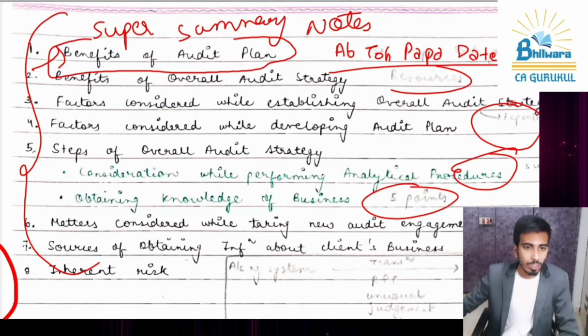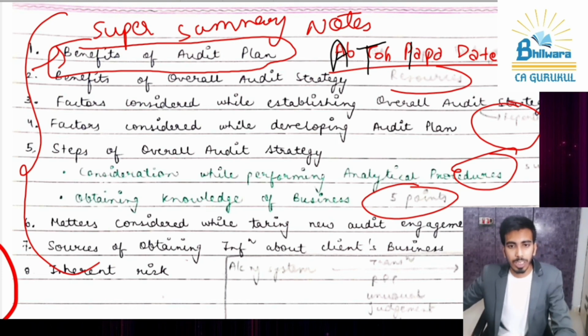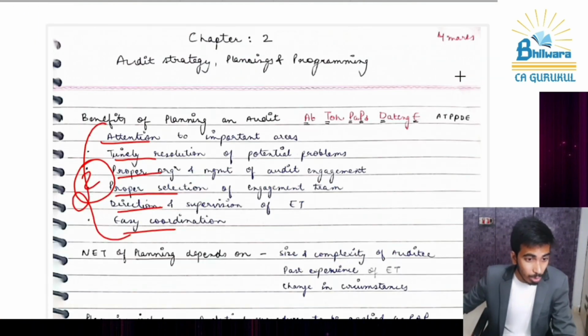Okay, what are the benefits of audit plan? Now you will see that okay, here it is A, that is T, P, D and E. So now you will remember that from A, this is timely resolution, proper organization, proper selection.